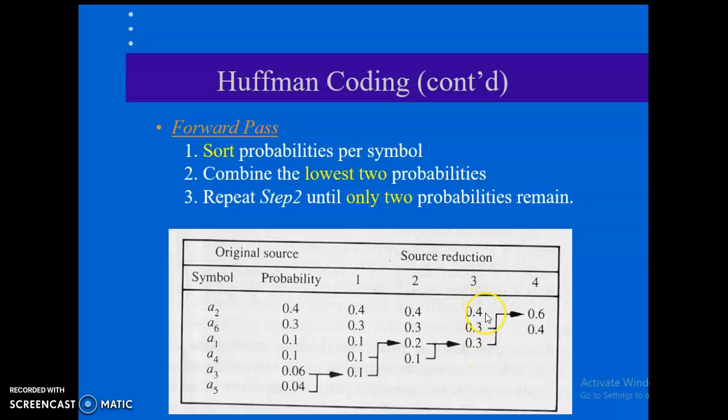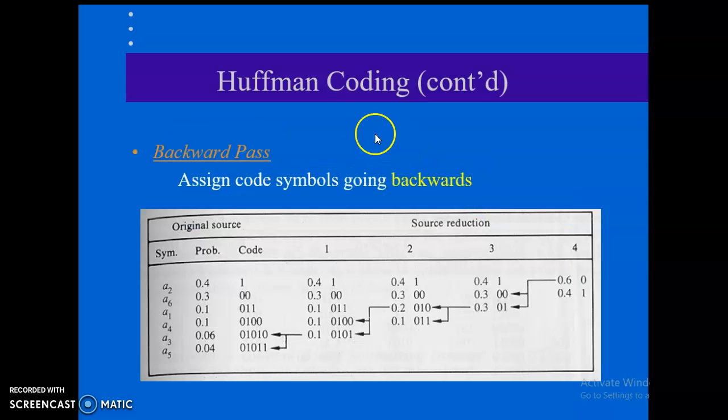Then we have to add 0.3 plus 0.3, which is 0.6, and 0.4 here. So sort probabilities per symbol, combine the lowest two probabilities, repeat step 2 until only two probabilities remain. Backward pass: assign the codes.